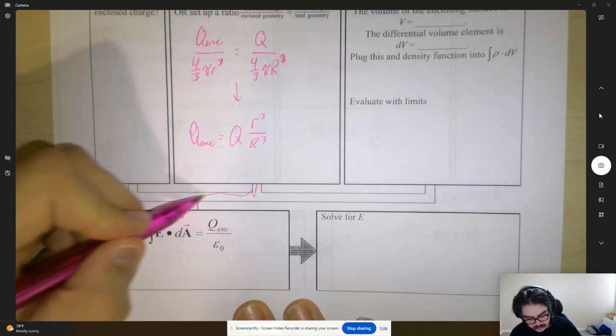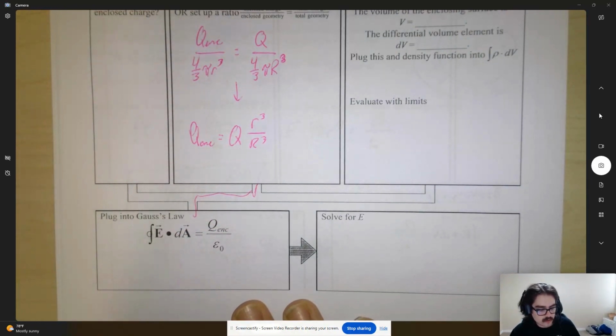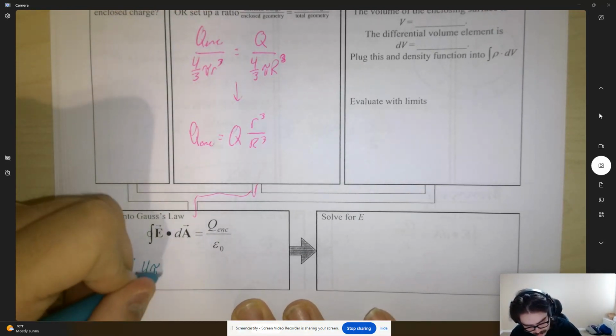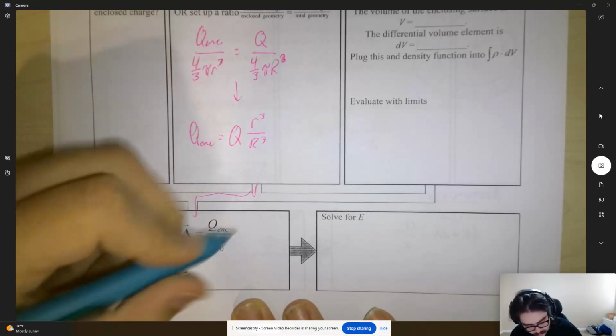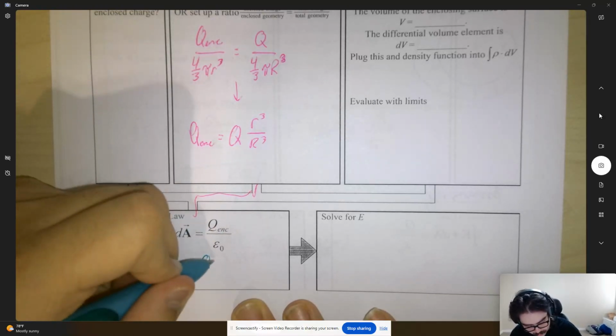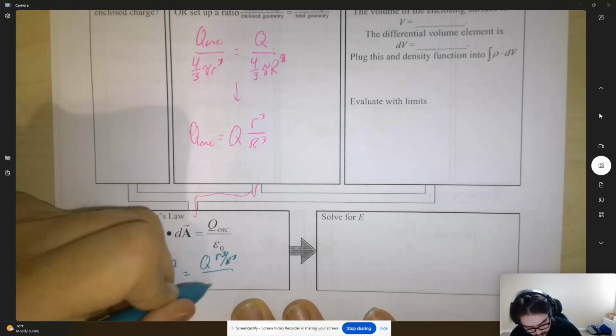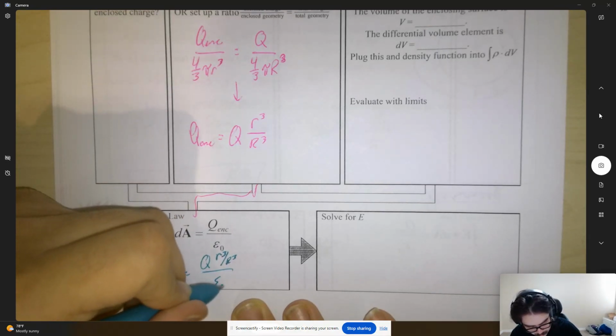And if I continue into Gauss's law, all I have to do is take the expression I wrote earlier: E times 4 pi r squared equals the Q enclosed, which is going to be capital Q, r cubed over capital R cubed, over epsilon naught.